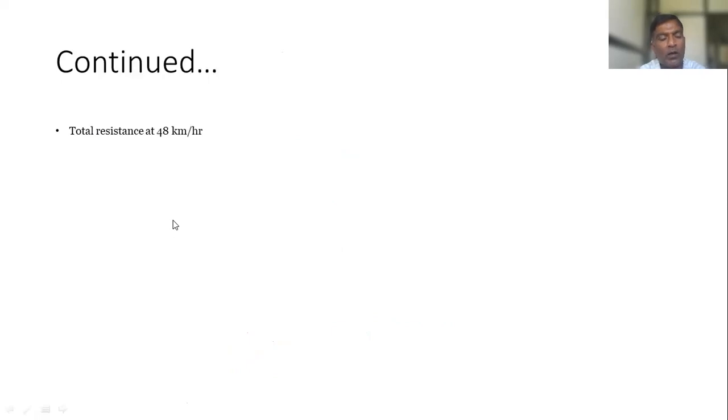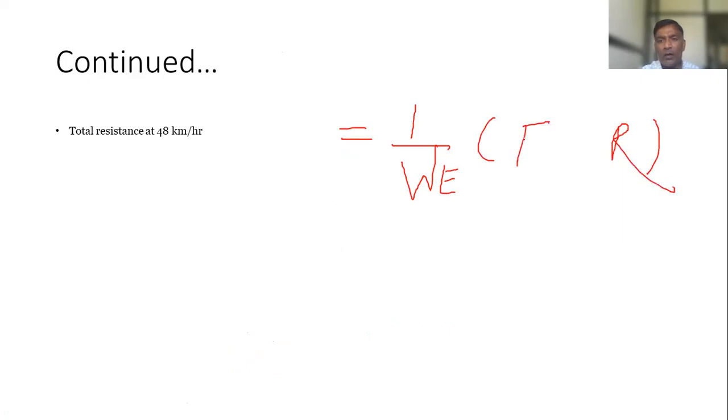Next, we need to find out total resistance. Now, every now and then you should track the formula. This one is R, this is F. So this value we got.